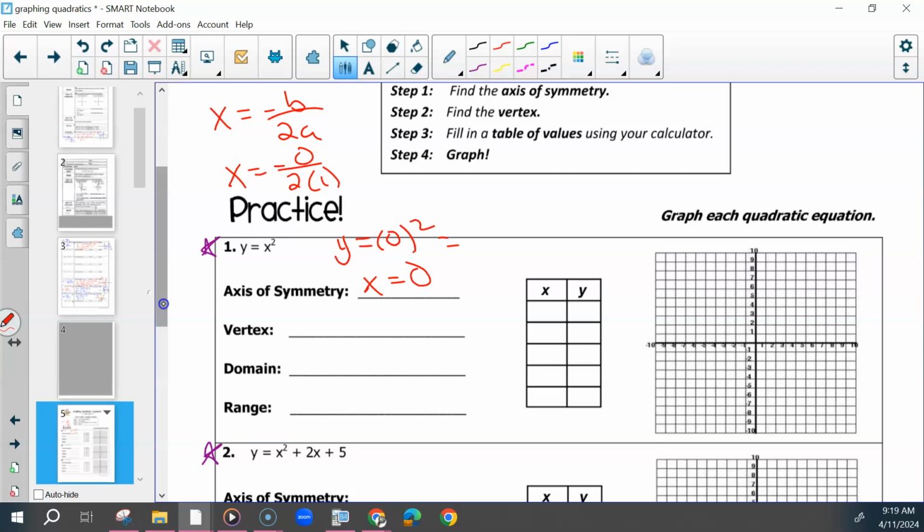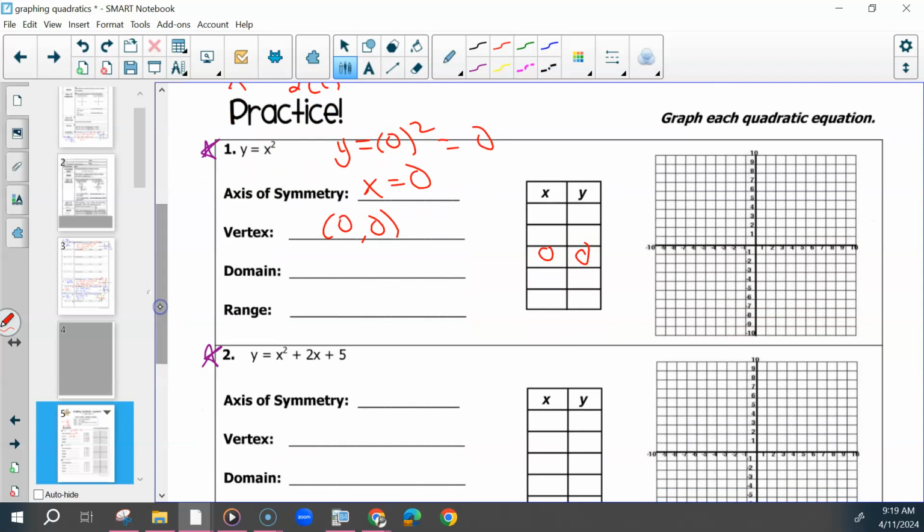Also 0. So our vertex would be the point 0, 0. You're going to put that point in the middle of your table. You can fill out the rest of your x values. You need to go backwards 2 and forwards 2.